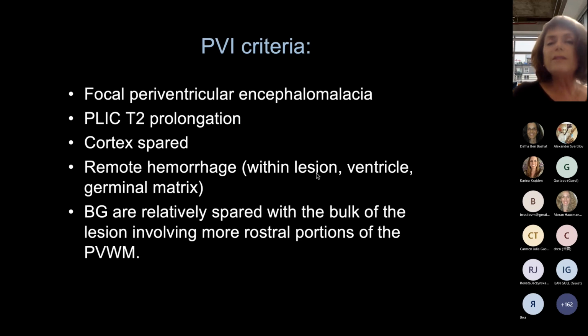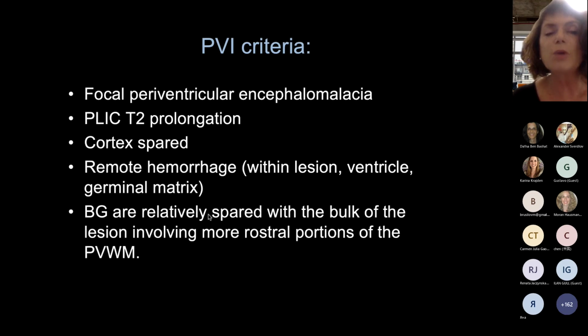And the PVI, the periventricular infarct criteria, as seen in these articles on the postnatal world, include focal periventricular encephalomalacia. There is T2 hyperintense signal in the PLIC, the posterior limb of the internal capsule. The cortex is relatively spared, and this is a really important point in differentiating it from the arterial strokes.